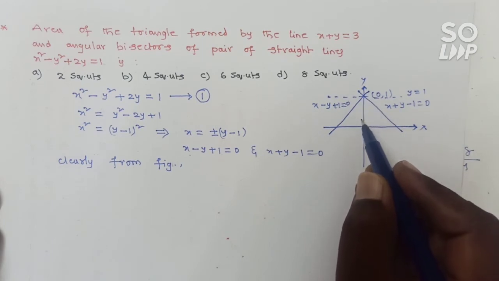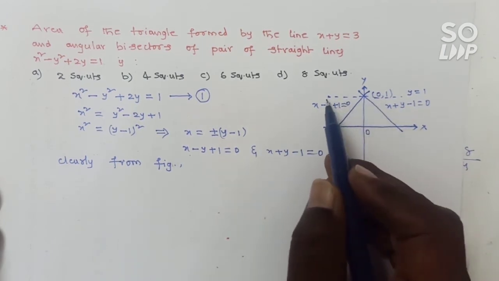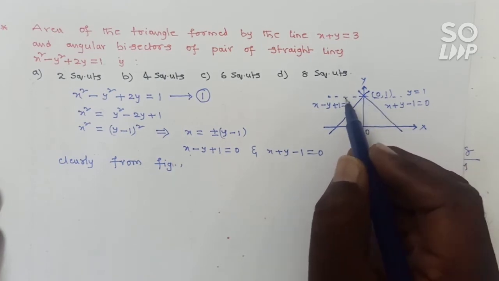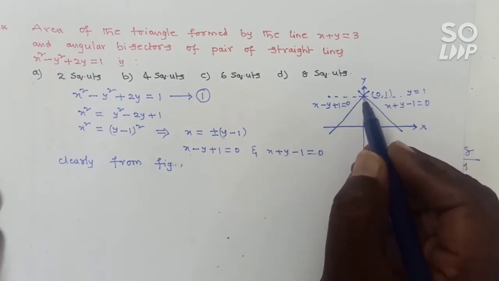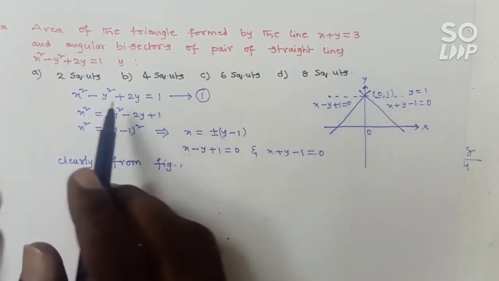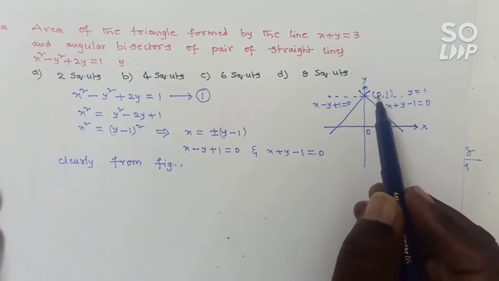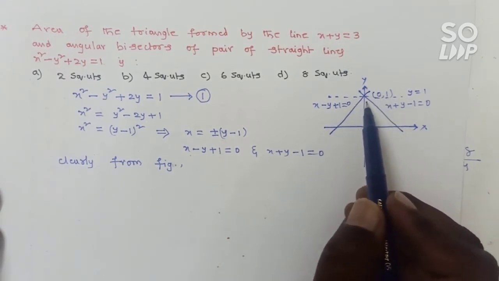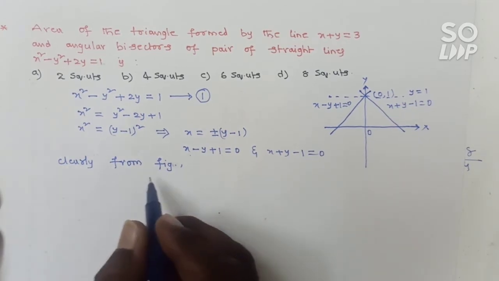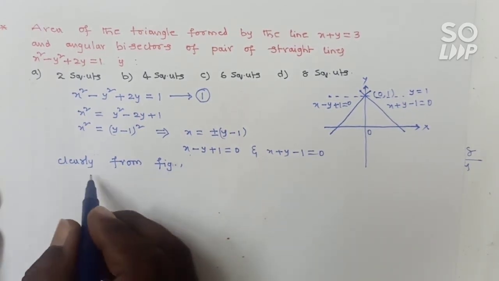One is the internal angular bisector and the other is the external angular bisector. The angular bisectors pass through, and are concurrent with, the given pair of lines. I mean, this pair of lines intersects at a point, and the angular bisectors also pass through that point.